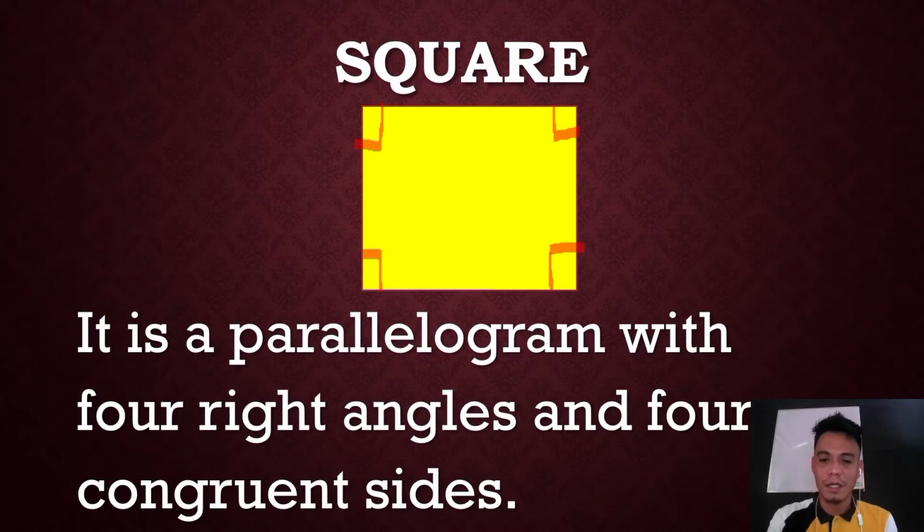Very good. And the 4 sides of the square are congruent. Which means, pag sinabing congruent, pare-pareho po sila ng length. Okay? Magkakasing haba lang po sila. So, that is a square.